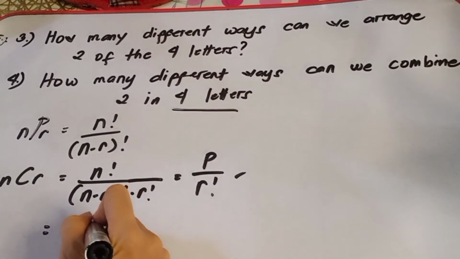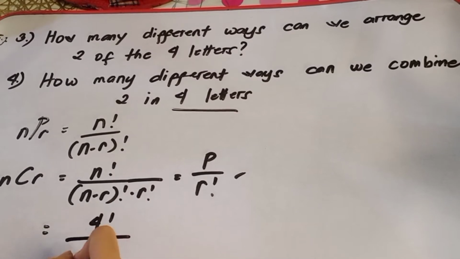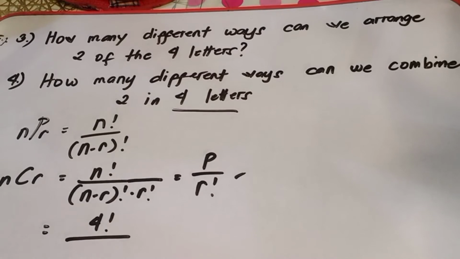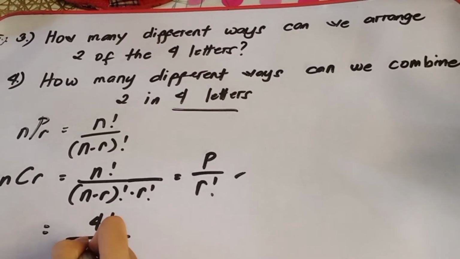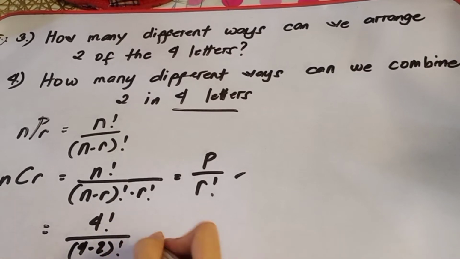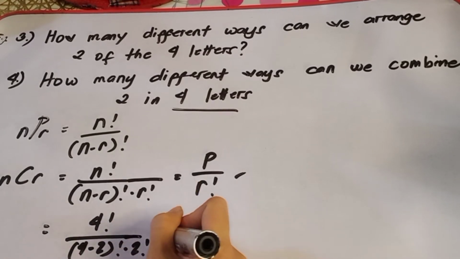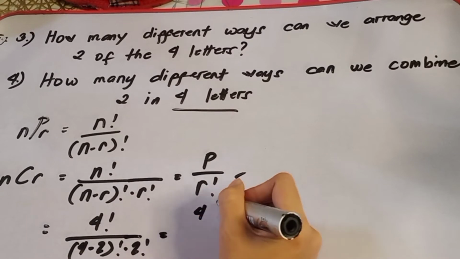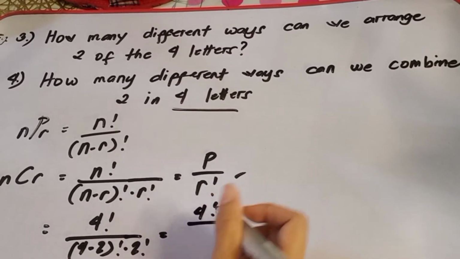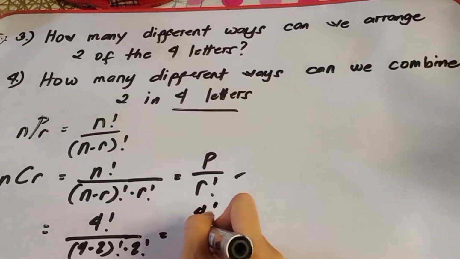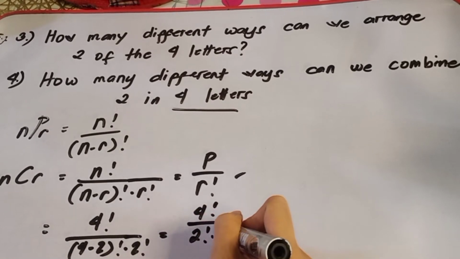So, that is 4 factorial over n, so that is 4 minus 2 factorial times 2 factorial. Okay, so let's now simplify. That is 4 factorial over 4 minus 2, that is 2 factorial times 2 factorial.